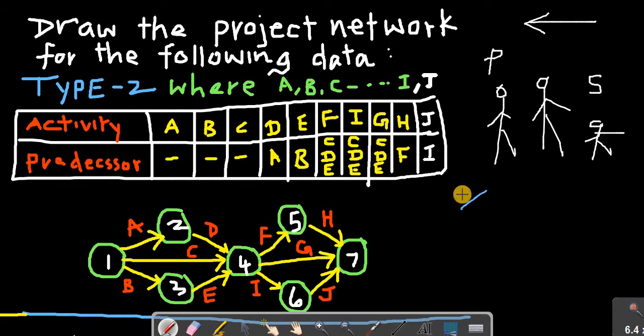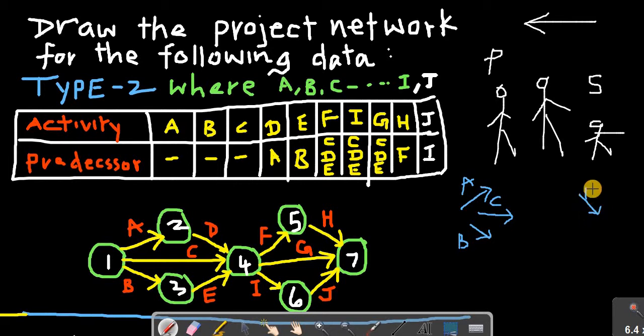Now look at that. A doesn't have a predecessor, and therefore I am taking A like this. And B doesn't have the predecessor, so I am writing B like that. C also doesn't have the predecessor, so I am taking C like this. And the last ones, G, H, J don't have the successor.